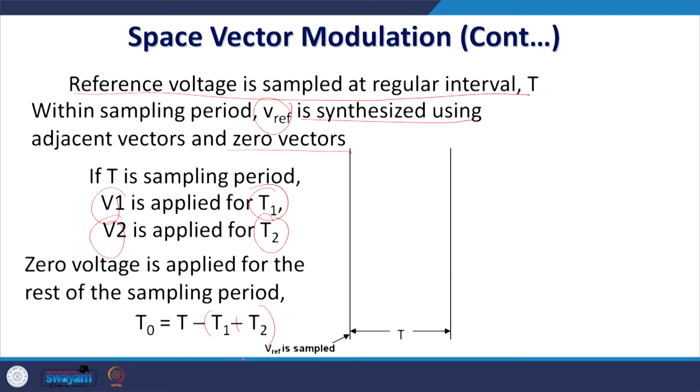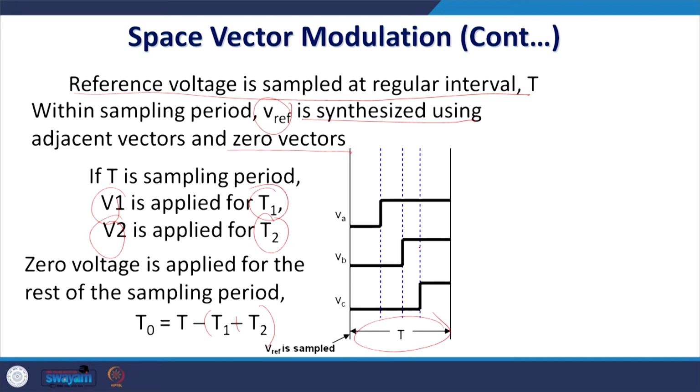So, V reference is sampled and this duration may be T. This is the scale. What happened after some interval of time? I later mark this at T0. So, S A goes high and it will continue to be high.